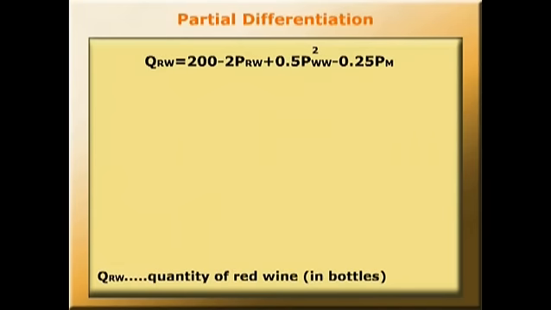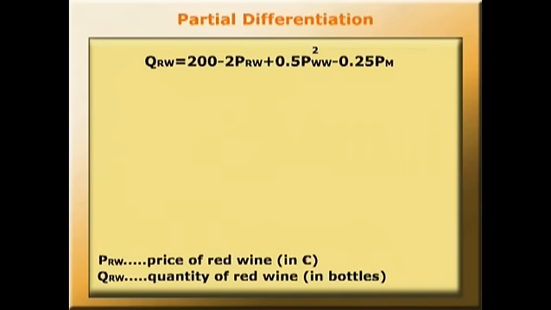Well, from sales in recent months, we've estimated that the demand for this red wine at the restaurant will be QRW equals 200 minus 2PRW plus 0.5 PWW squared minus 0.25 PM, where QRW is the quantity of red wine in terms of the number of bottles sold.